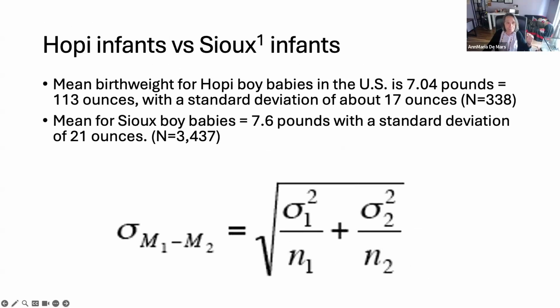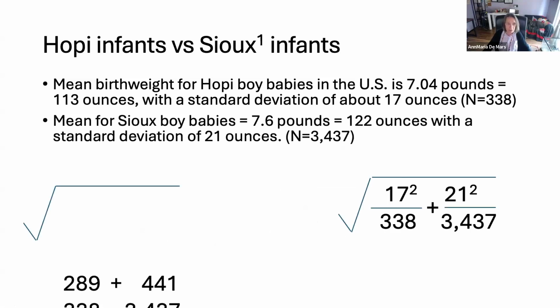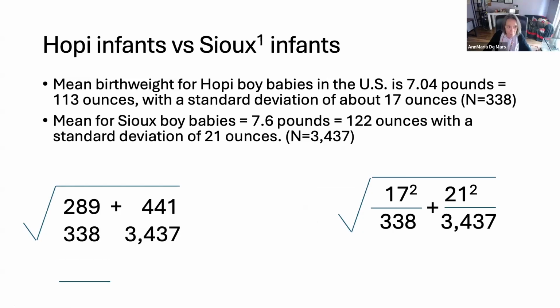Now let's use our example and work through this equation. We're going to find the variance for the first group divided by the number in the first group, plus the variance for the second group divided by the number in the second group, and we'll take the square root of that whole thing. We have 289, 17 squared, right? Because the standard deviation for the Hopi boys was 17, so we have 289, which is 17 squared.